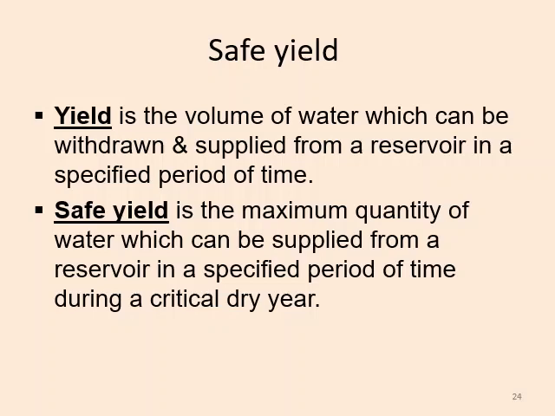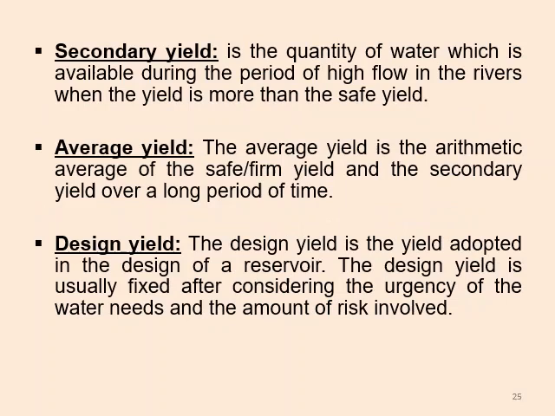Critical time duration means the dry season of a year or a whole year with dry characteristics, dry condition. During that time, the maximum quantity of water that can be supplied from a reservoir is known as safe yield. Now secondary yield.